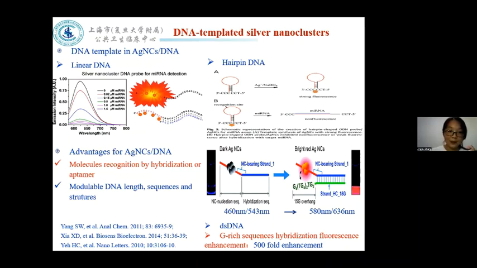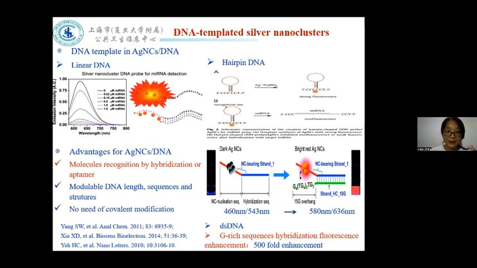First, molecules can be recognized just by hybridization based on base pairing principles or aptamer-based recognition principles. Second, the DNA templates for silver nanocluster generation can be modulated by changing the length, sequences, or structures of the DNA templates.